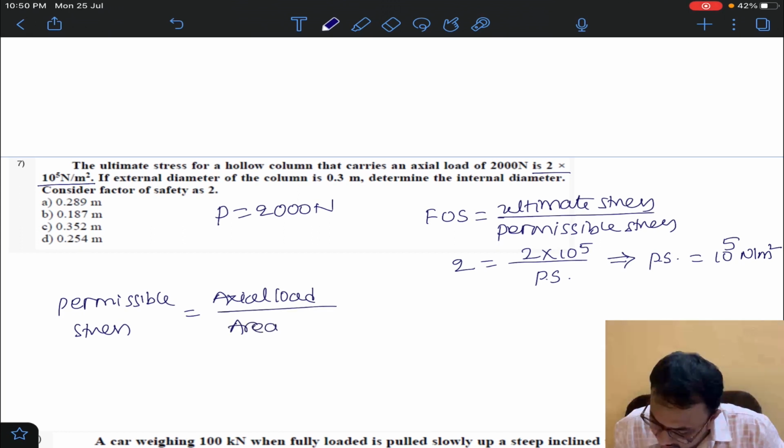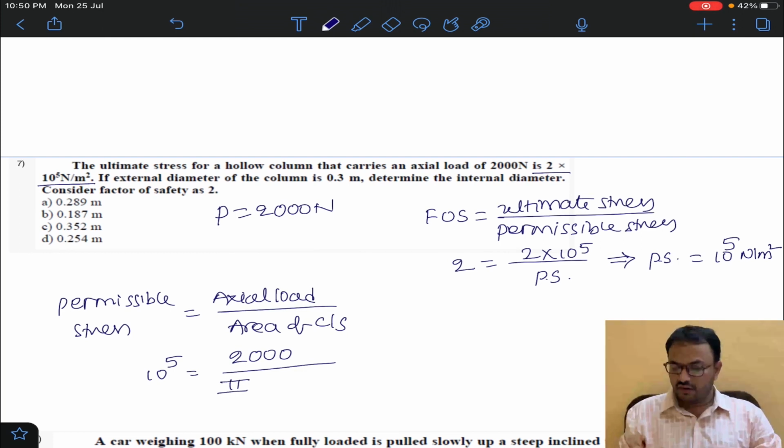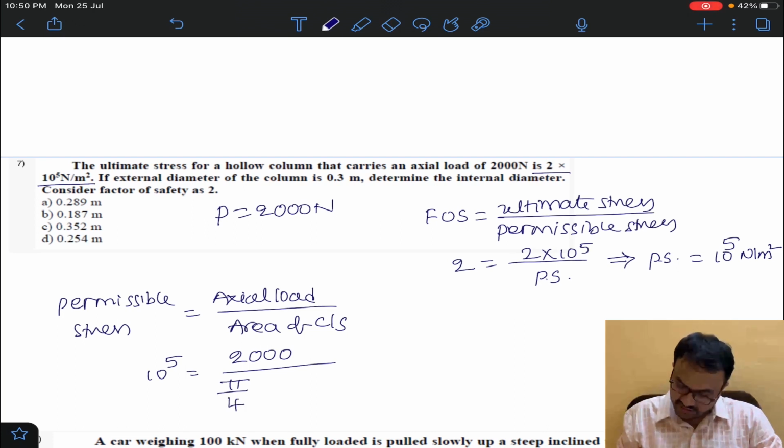Permissible stress is 10 power 5, axial load is 2000 Newton, and the area of cross section, as it is a hollow column, is pi by 4. External diameter he has given, it is 0.3 meters.